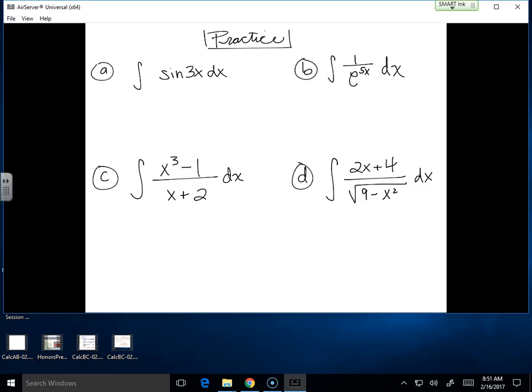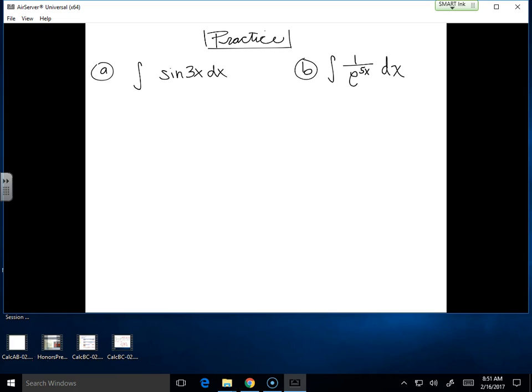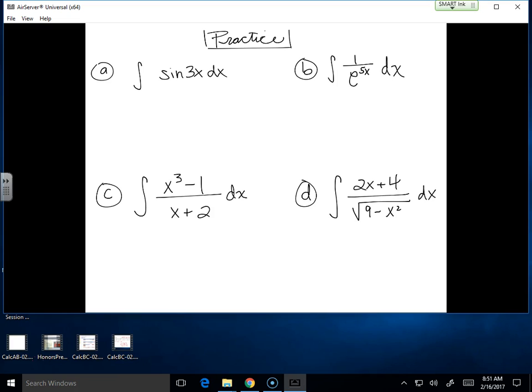Our goal right now is not to get all of these done. Our goal right now is to know if we know how to start. My question on A, because we don't have time to solve them all: is the answer negative cosine of 3x plus c? No! Why not?